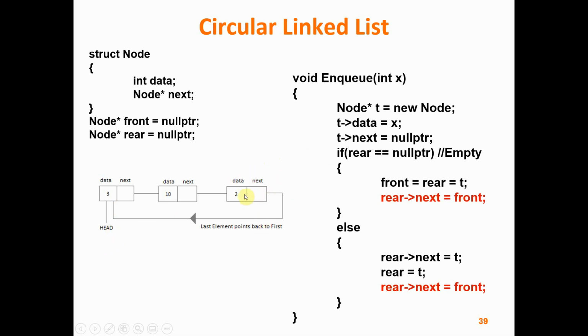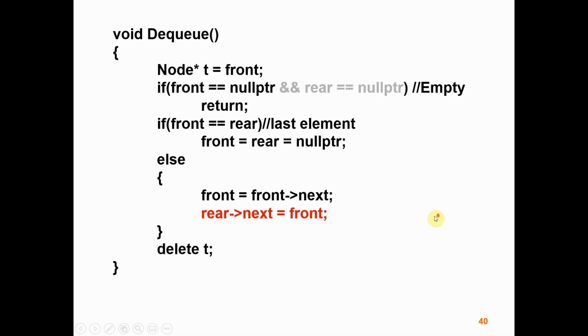This pointer is going to be pointing to the beginning of the linked list. So the only changes that we have to make to the enqueue function would be making sure that rear arrow next points to front, right? And the same thing for the dequeue operation, rear arrow next is equal to front.